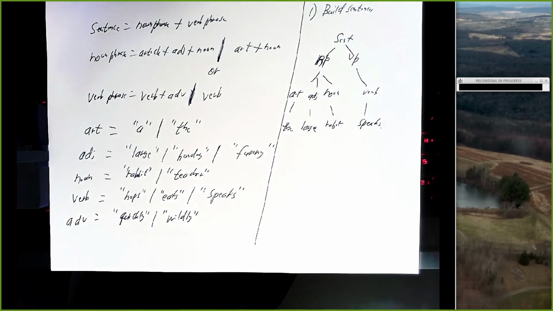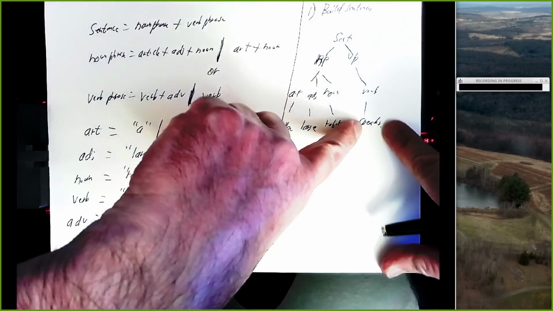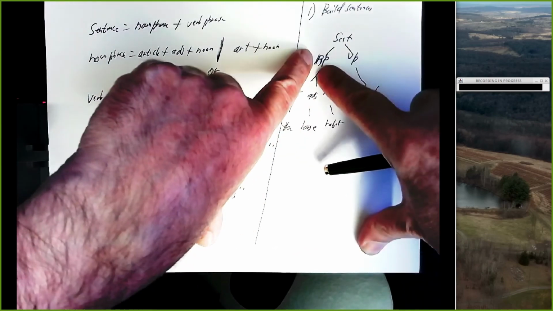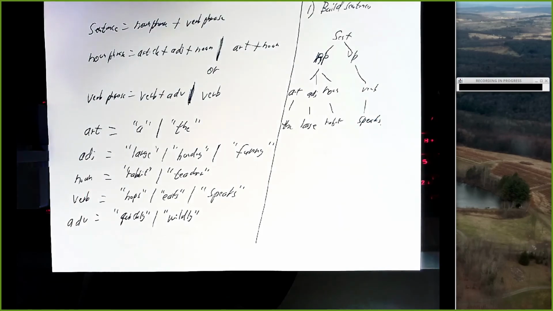And we have a sentence, the large rabbit speaks. Is that a valid sentence? Yes. It's valid because these things constitute a noun phrase, and this constitutes a verb phrase, and a noun phrase followed by a verb phrase constitutes a sentence. So we can build sentences like this.